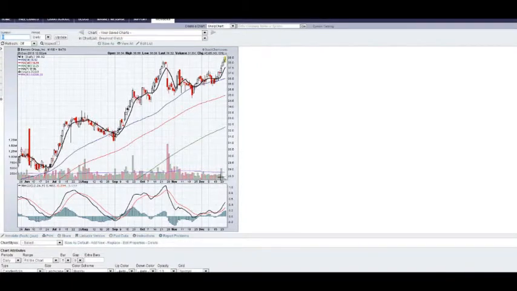You can say to yourself, well, volume precedes price, right? So we finally have big volume, that means the stock's going to go up, right? Well, not necessarily. We have big volume on options expiration. A lot of these option contracts are expiring, so people are making changes to their stock holdings with Barnes Group.